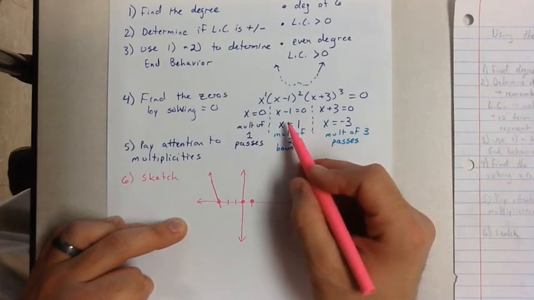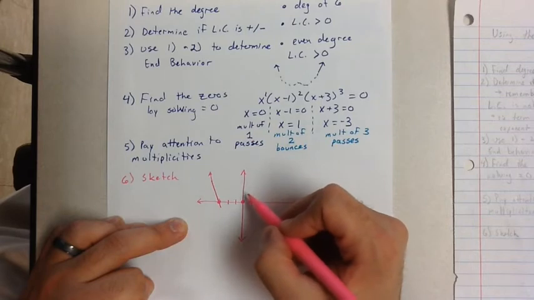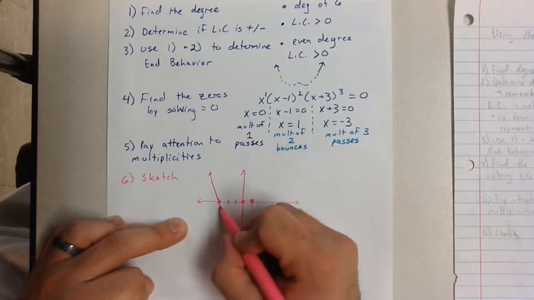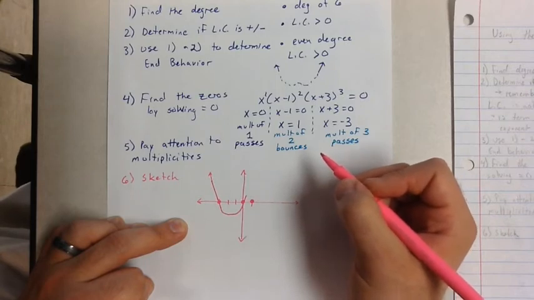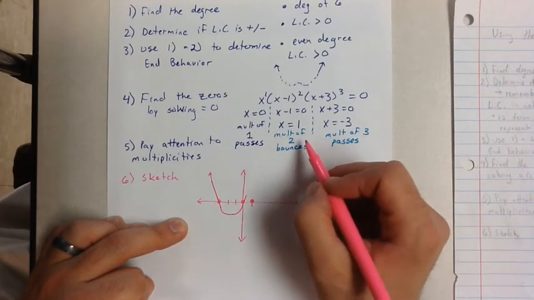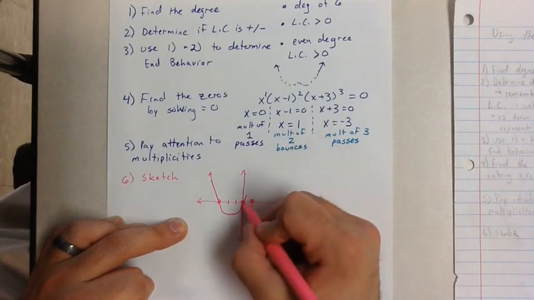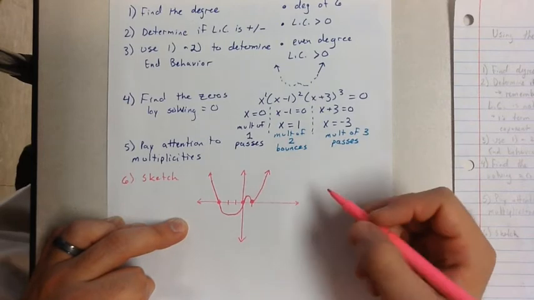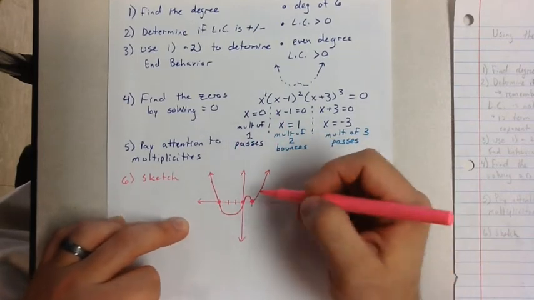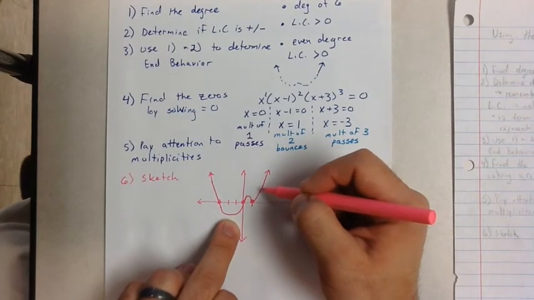Then at my next zero, at 0, we have to pass through that as well. So I come back up, I have to pass through it. And then at 1, with an even multiplicity, we bounce off of it. And so you look here, finishing this is a sketch.